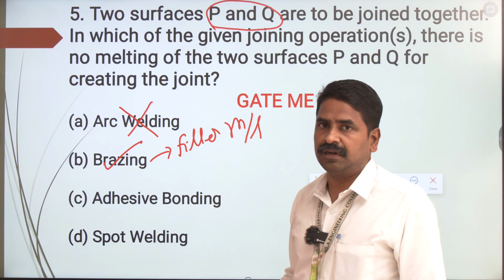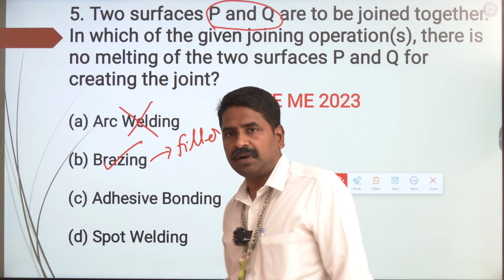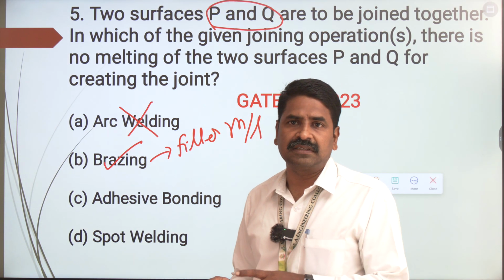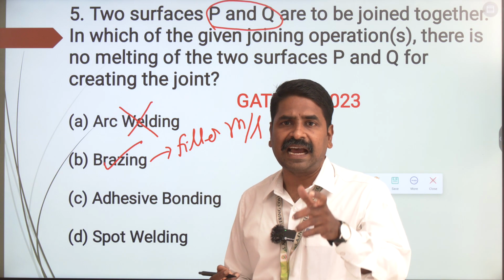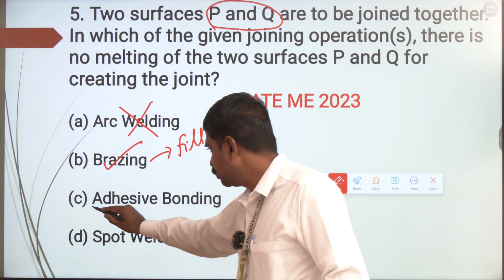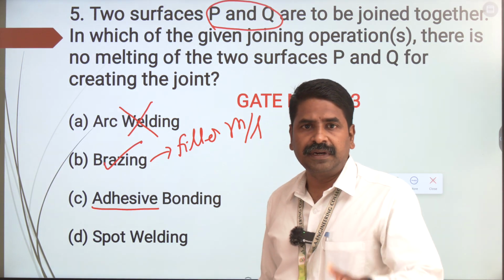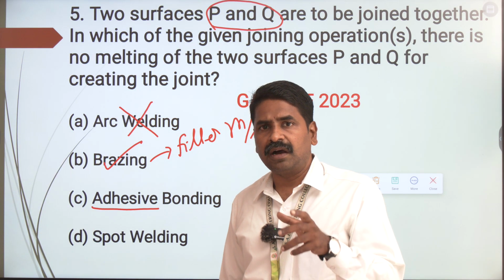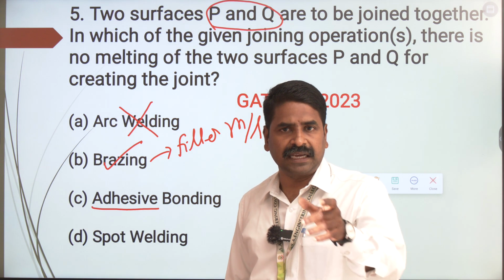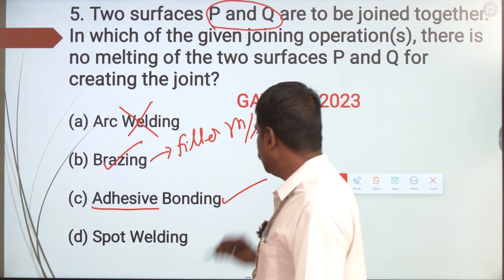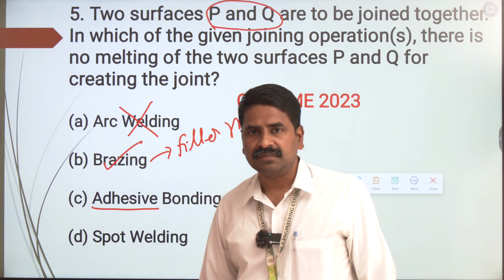Let us see those options also. Third comes adhesive bonding. As I already told you, adhesive bonding is nothing but joining of the materials by using adhesives. You use an adhesive and join the materials together, so it is called adhesive bonding, and here also melting of the metal will not take place. So this is also going to be a correct answer.